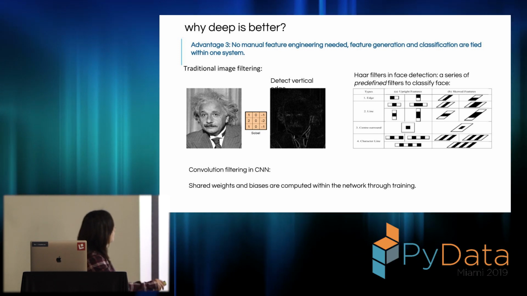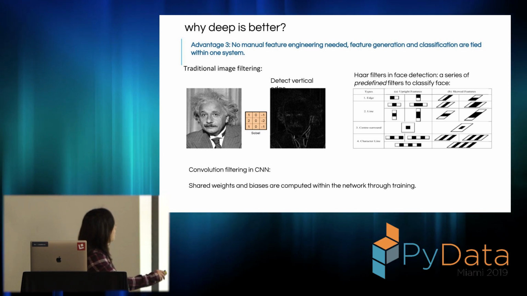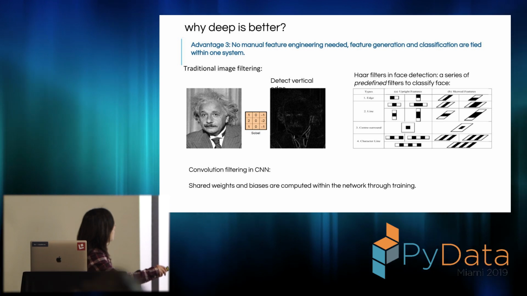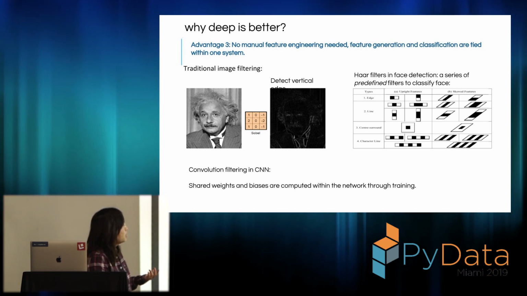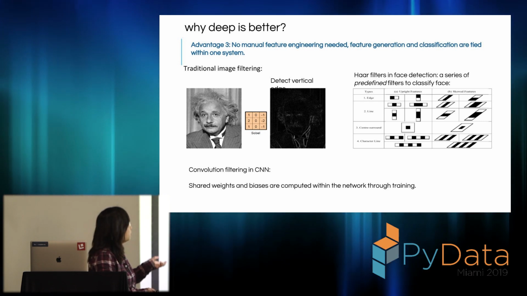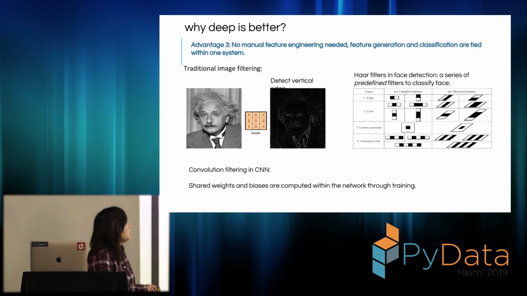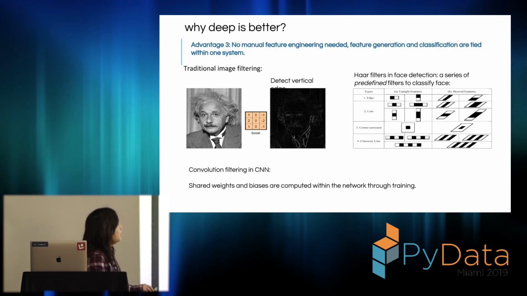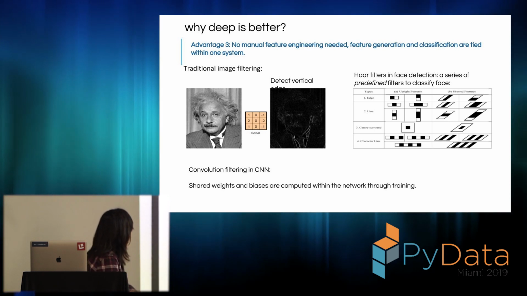For example, this mask has positive values on the left and negative on the right, and you apply it and do a summation, and then you will detect vertical edges. But to do a complicated task, for example face detection, traditional computer vision has to apply a series of predefined filters to classify a face, which means you have to manually construct these features, and maybe some of the features are not needed in the model.